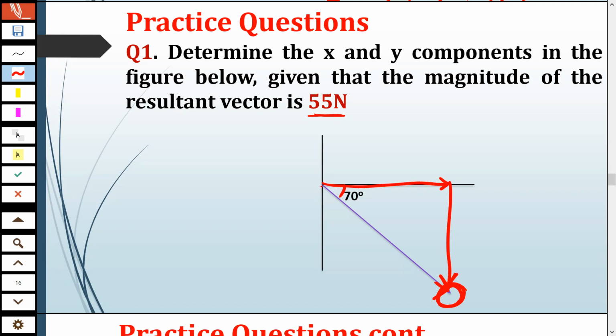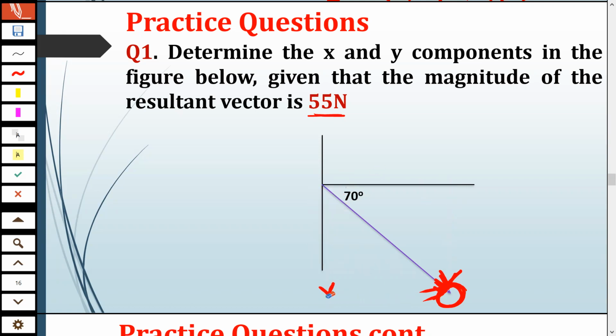The person who has taken this one is going to take negative y and then positive x. So the answers will still be the same. If this is the angle that was given, you first go down and then go to the right. That is how you take the directions.